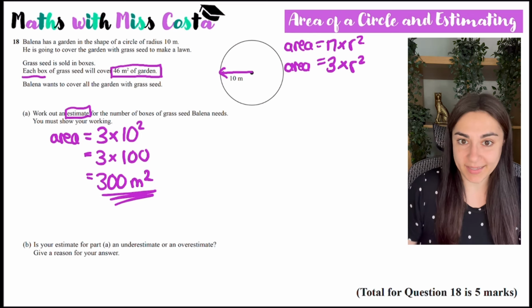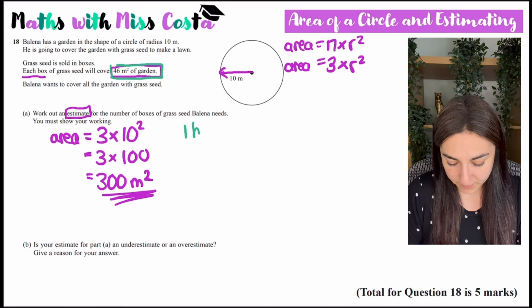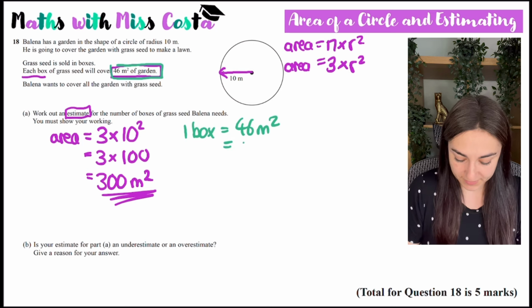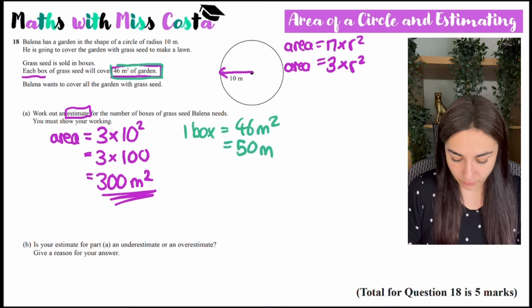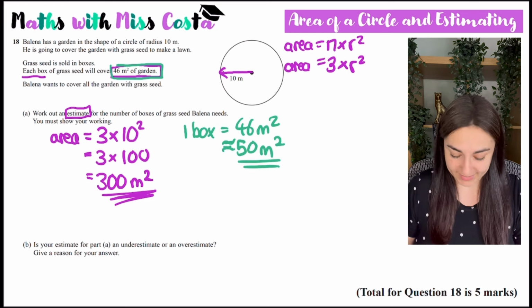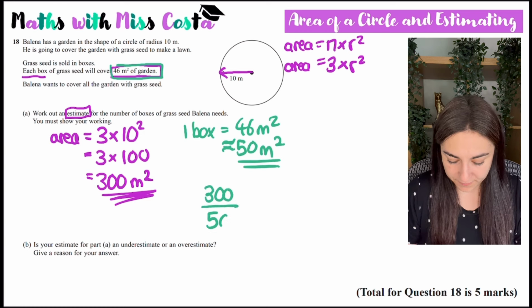Now, because I'm estimating, I also round this. So I know that one box covers 46 meters squared, but because it's an estimate, I'm going to round to one significant figure. So that would be approximately 50 meters squared. So to work out the number of boxes he needs, I would do 300 divided by 50.